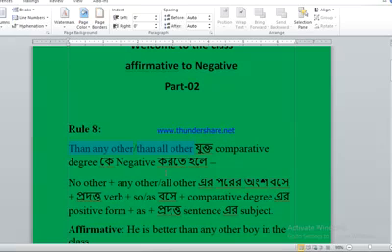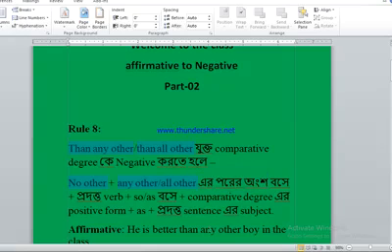If you see "than any other" or "than all others" in your comparative degree, you will turn the comparative degree into a negative sentence this way. At the very beginning you will use "no other" plus "any other" or "all others".